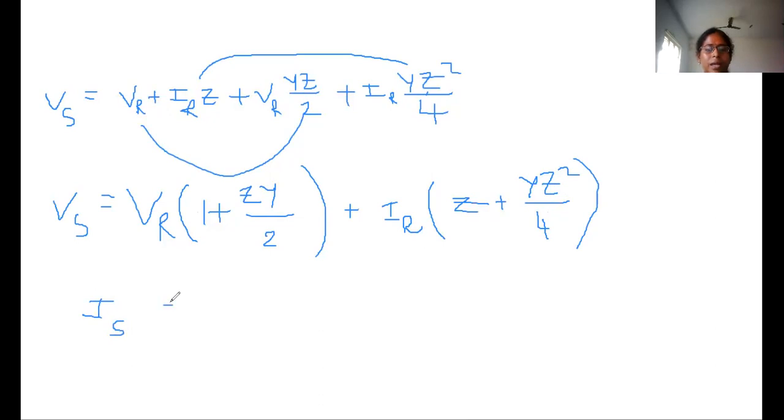In similar manner Is equal to, we know the equation Ir plus Ic.